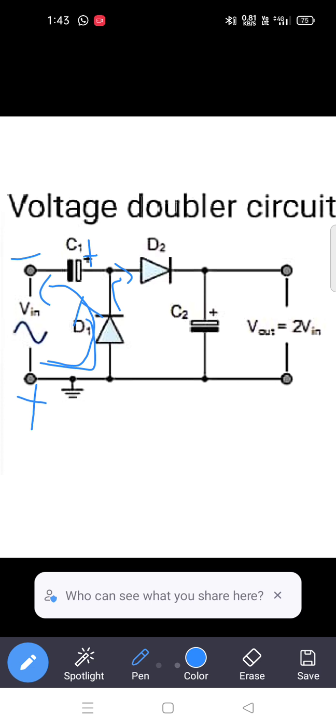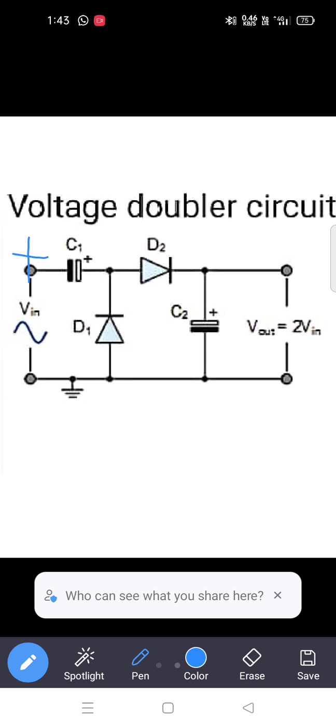So in the negative cycle, C1 gets charged, and C2 will also conduct and charge up to V max. Now the cycle is gone and the positive cycle has come.